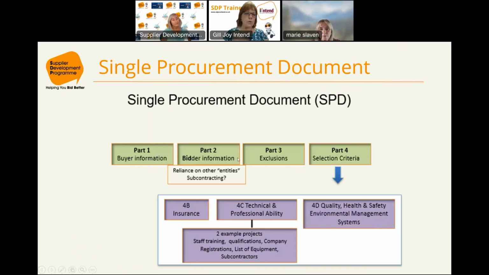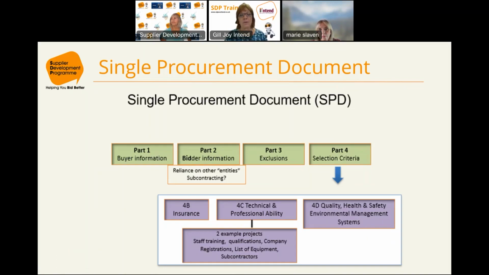But part 2 is all about you as the bidder. In general, that's fairly straightforward. So if you were just bidding in your own right, you've got no subcontractors, there's no consortium, most of that you'll fill in pretty quickly and just move on to the next parts.